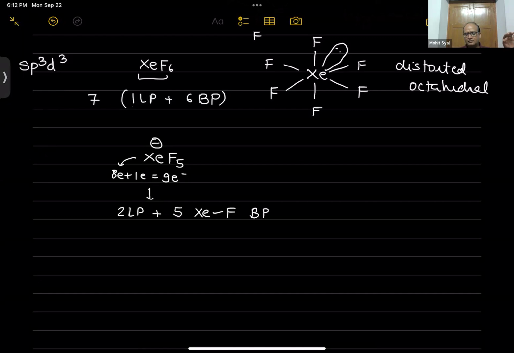Is it clear or not? The total is 7, so 7 orbitals are going to come up, sp3d3. You need 7 orbitals: one s, three p and three d, which undergo intermixing or hybridization. What is going to be the shape? There are 2 lone pairs.